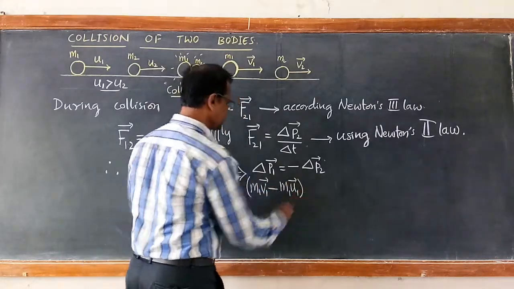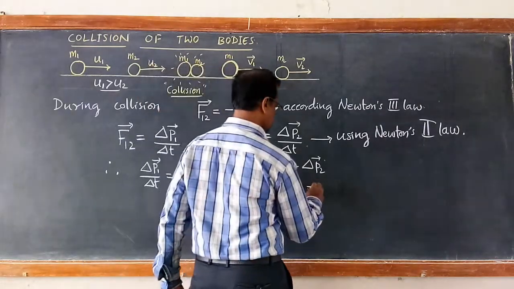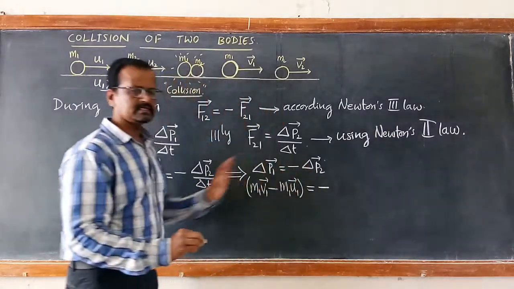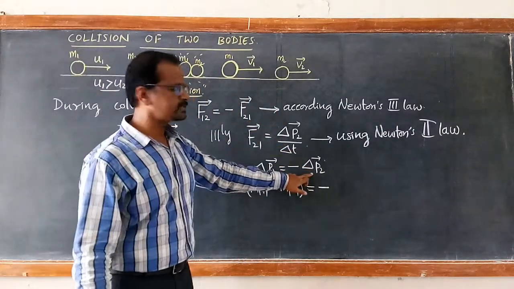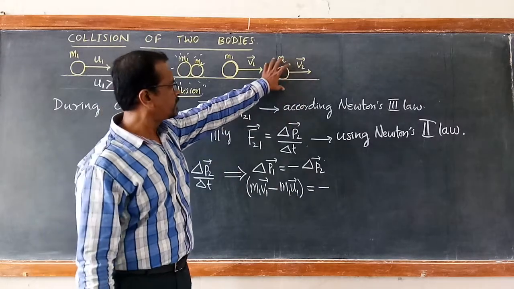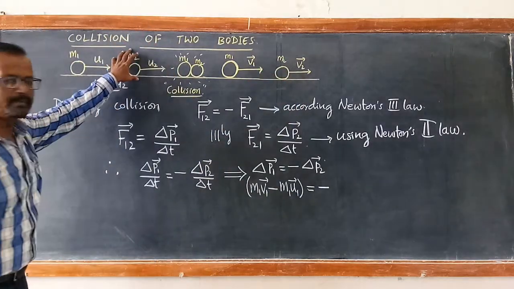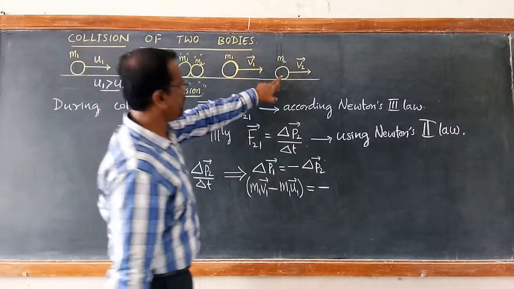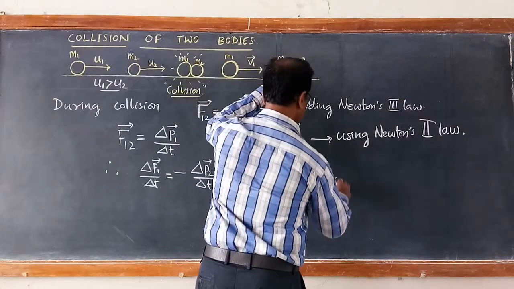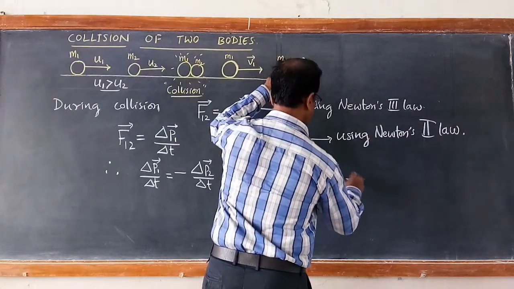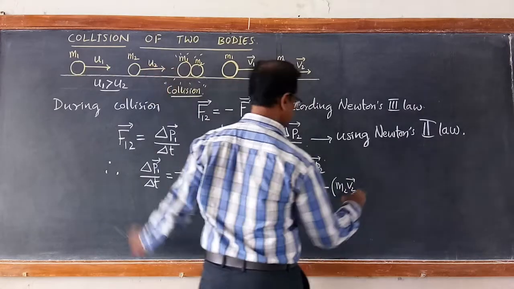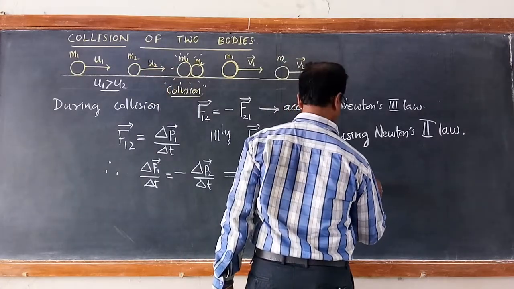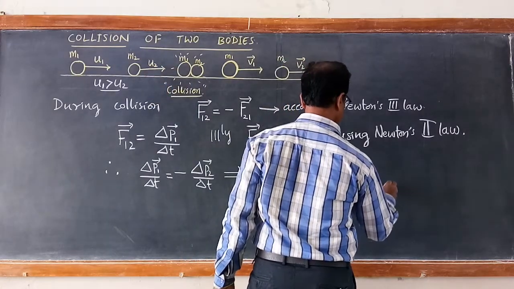This becomes equal to minus, I am keeping minus as it is, change in momentum of second particle. Again, final momentum m2 v2 vector minus initial momentum m2 u2 vector.